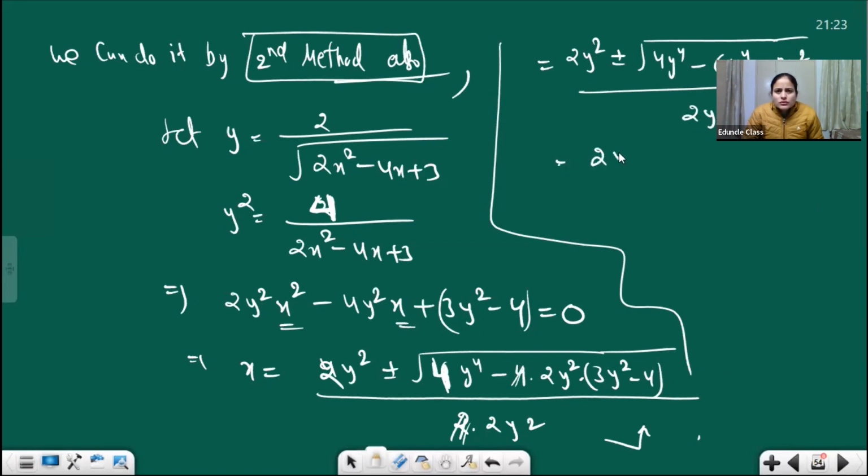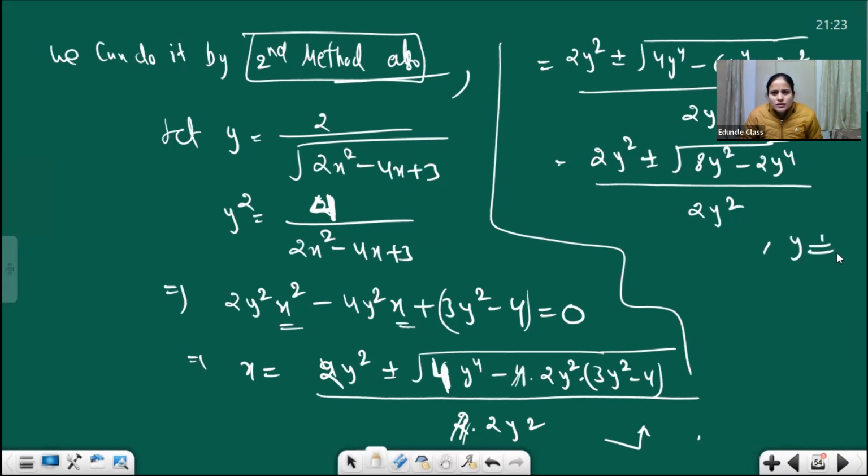So 2y square plus or minus the square root of what I am getting, 8y square minus 2y raised to 4, upon 2y square. So without loss of generality, y not is equal to 0. As my x is real, x is real, so the discriminant should be greater than or equal to 0.